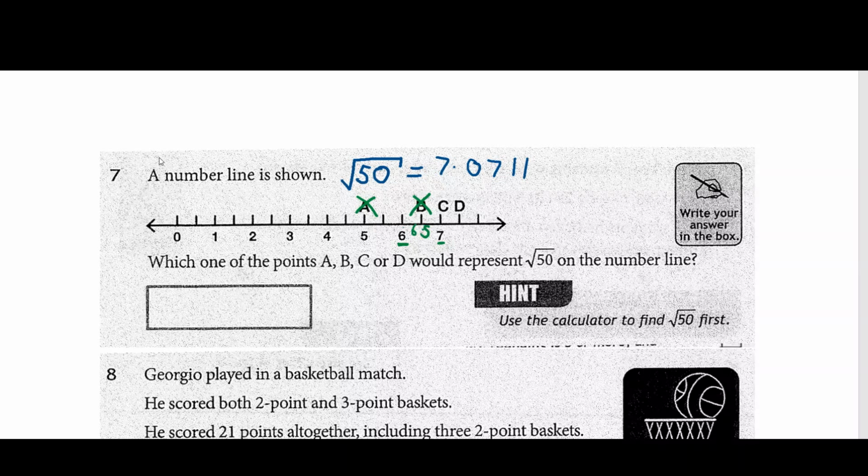D, so that's 7 there, and this is going to be 8. So D would be at 7.5. So no, it's at 7.07, which is very close to 7. So it's not 7.5, so it's going to be here at C, very close to 7. Okay, so which of these points? It's point C.